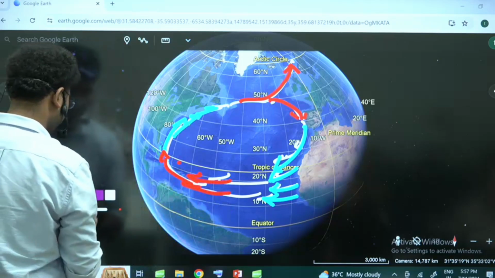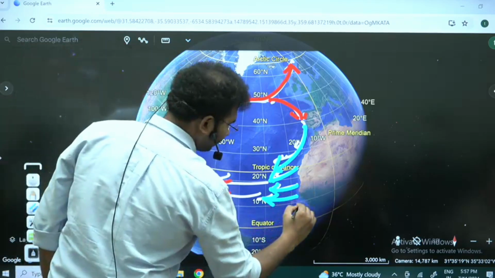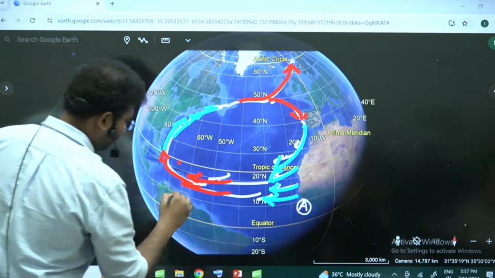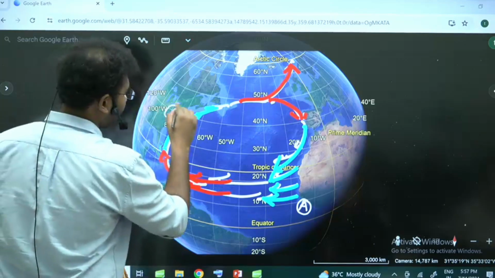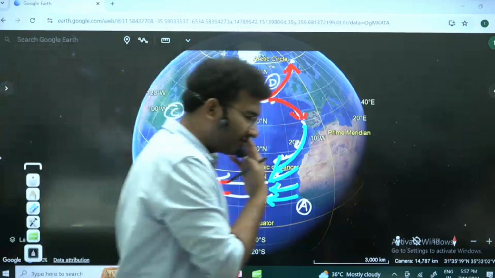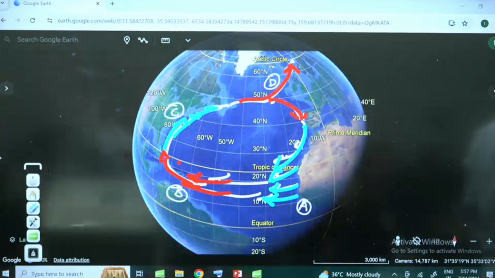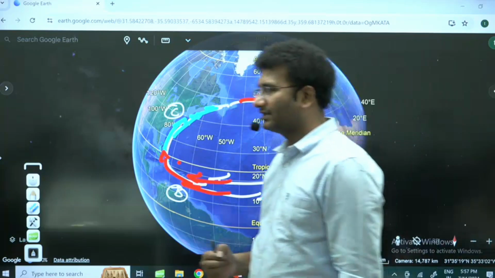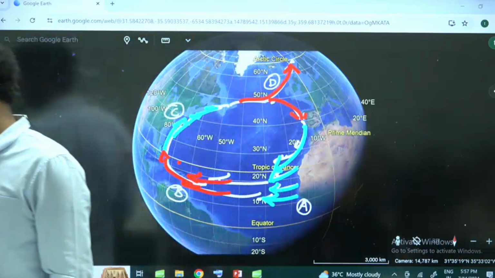So this is point A, B, C, D. Quickly tell me, at point A, do you have upwelling or downwelling? Upwelling. At point B? Downwelling. At point C? Upwelling. At point D?